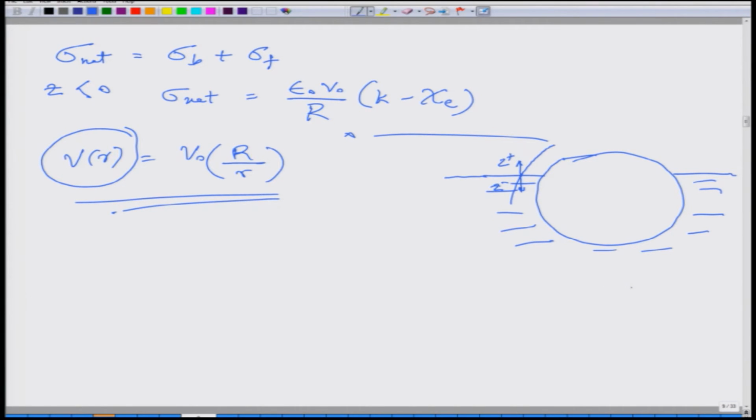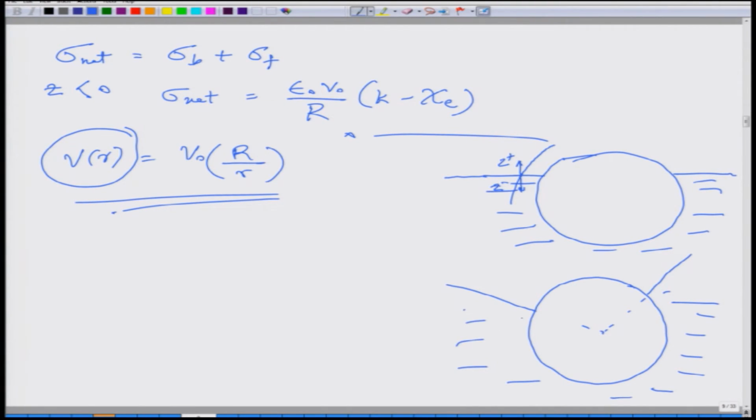Now the next thing is, what if we have this configuration in the same medium of the same susceptibility? Here, first of all, we will satisfy that the potential is continuous all across all boundaries.